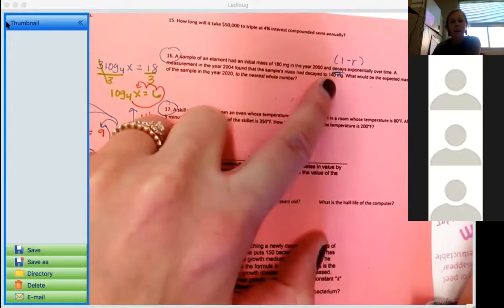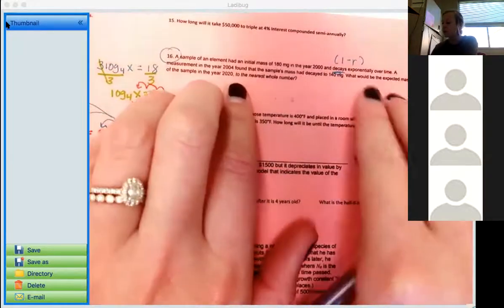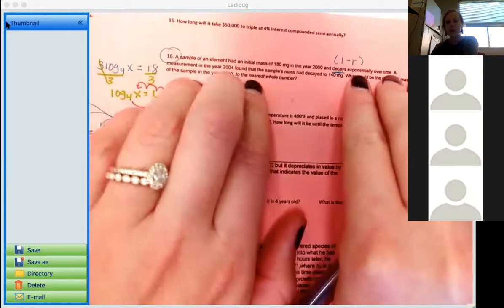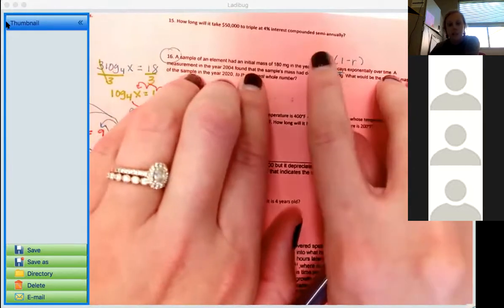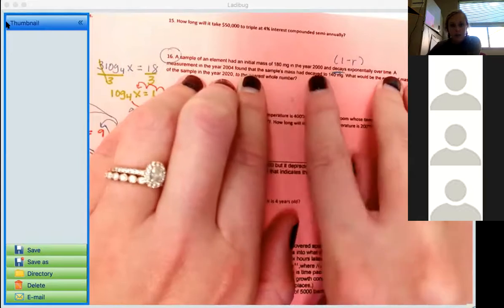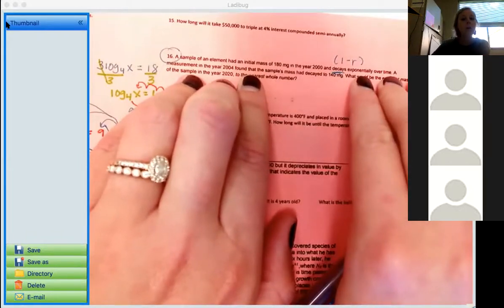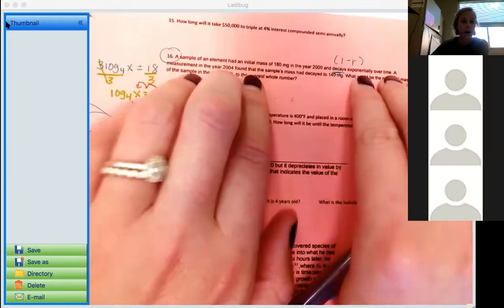What would be the expected mass in 2020? So the first thing we have to do, if you read this first part, is see that it starts at 180, it's decaying, and then in 2004 we ended up with that much. They didn't tell us a rate. So the first thing you have to do is solve for the rate, okay?